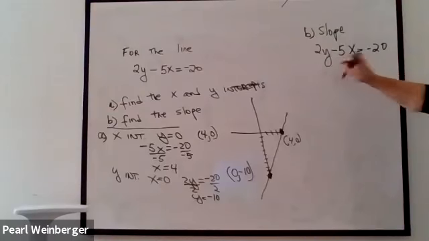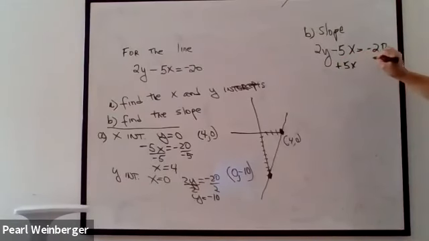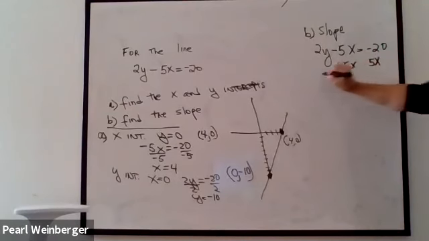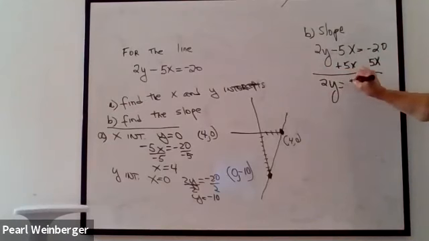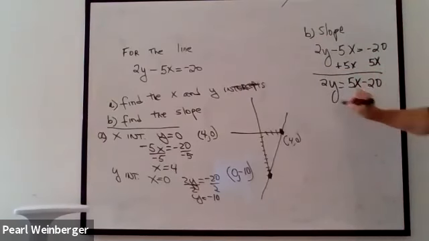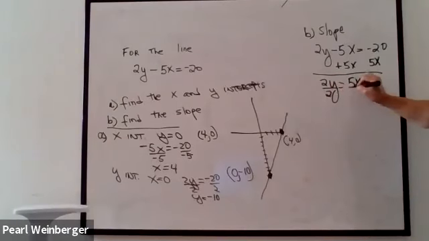Get the y alone, which means add 5x to both sides. That'll give you 2y equals 5x minus 20. And then divide everything by 2, so you get the y alone.